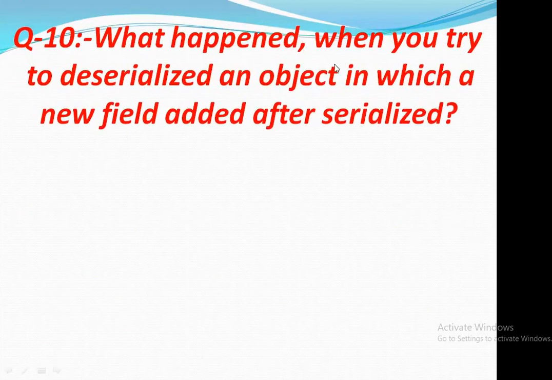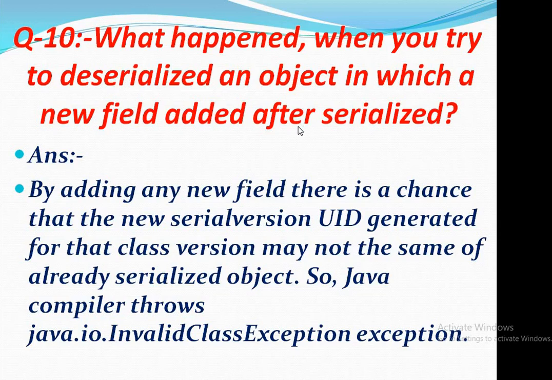What happens when you try to deserialize an object in which a new field was added after serialization? By adding any new field, there is a chance that the new serialVersionUID generated for that class version may not be the same as that of the already serialized object.